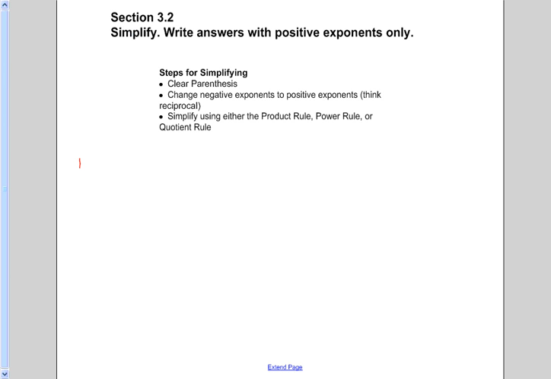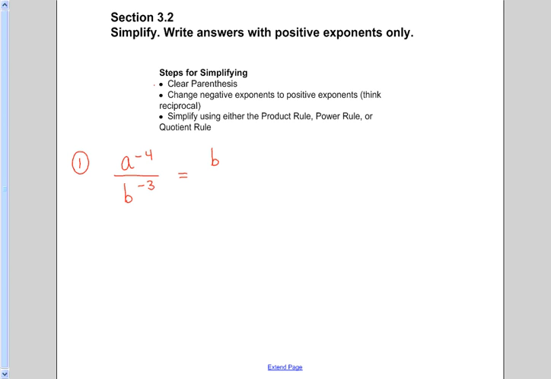If I have a to the negative 4 over b to the negative 3. Okay, go back to my steps. There are no parentheses, so we don't have to do that step. Change negative exponents to positive. Think reciprocal. If they are both negative, then I'm going to take the reciprocal of this entire expression.